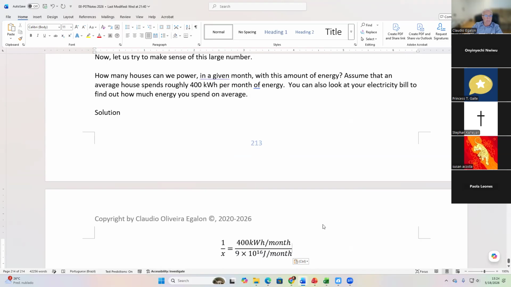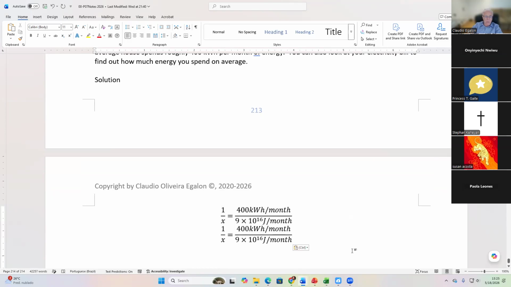Here you go, rule of 3, right? That's how we come up with a solution. We have to convert kilowatt hour in joules. Months cancel out, right?